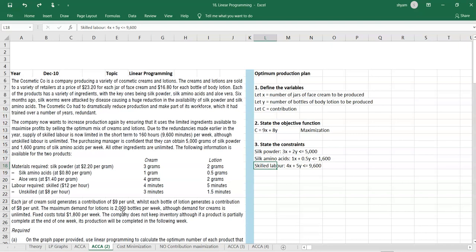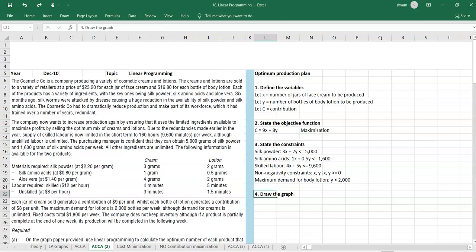So y should be less or equal to 2000. Okay, so here it is. The demand for body lotion should be 2000. Okay, non-negativity condition is x and y should not be less than 0. Okay, that also we have written.